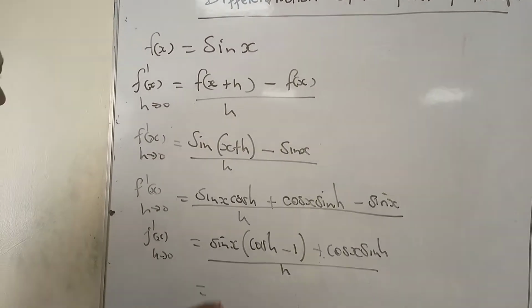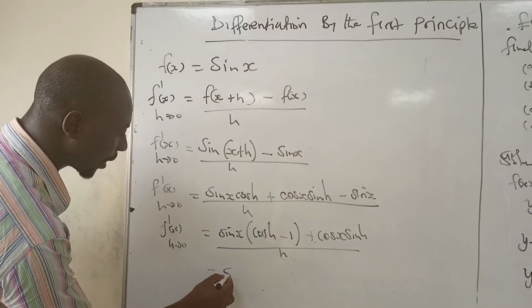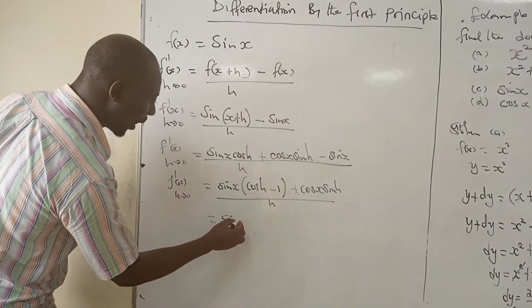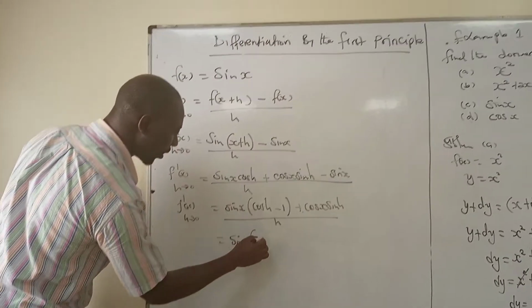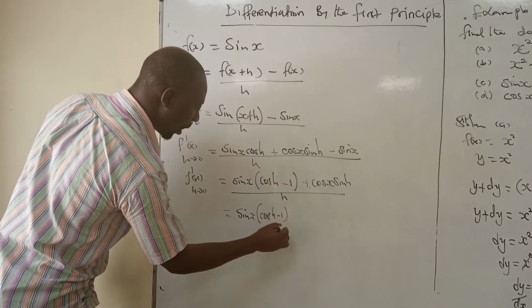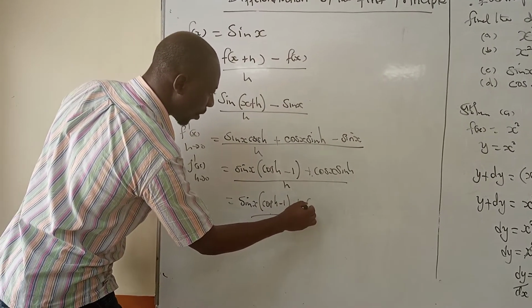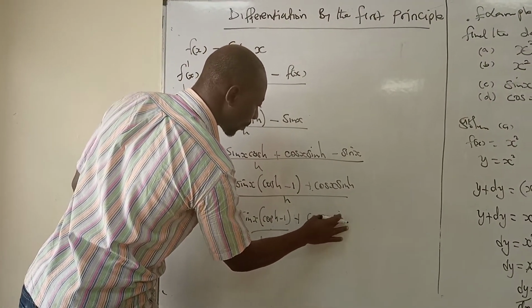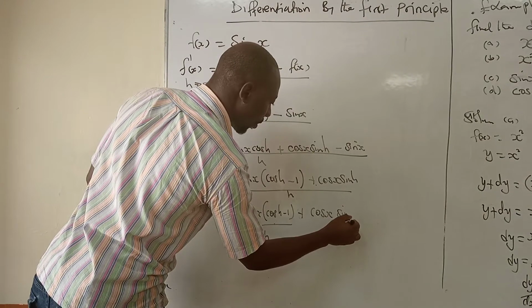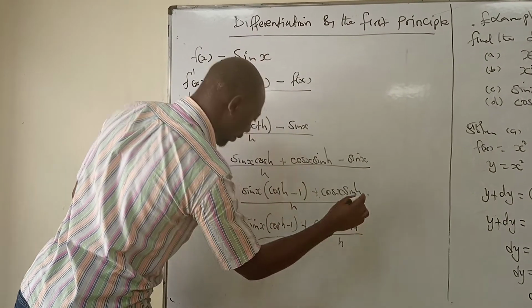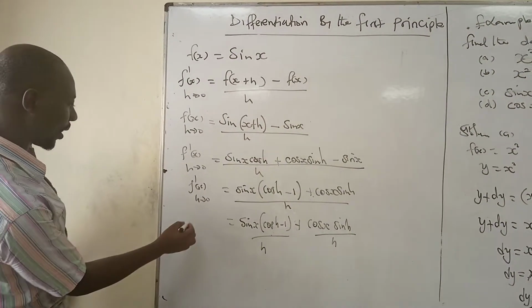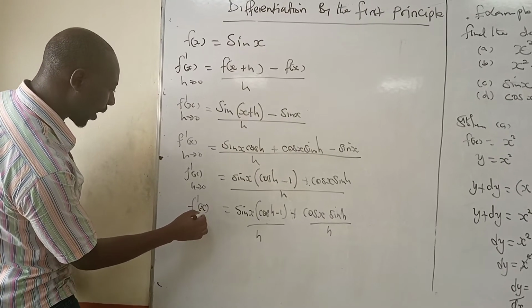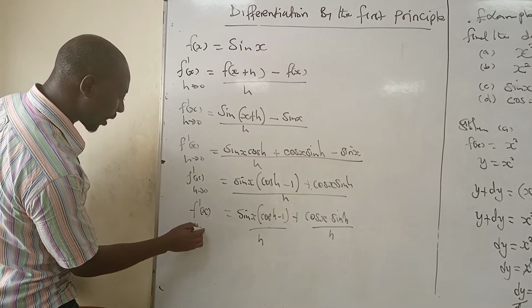So you can separate the denominator in form of sine of x into cosine of h minus 1, everything over h, plus cosine of x sine of h, everything over h. We know that this will give us the derivative function of x when h is approaching 0.